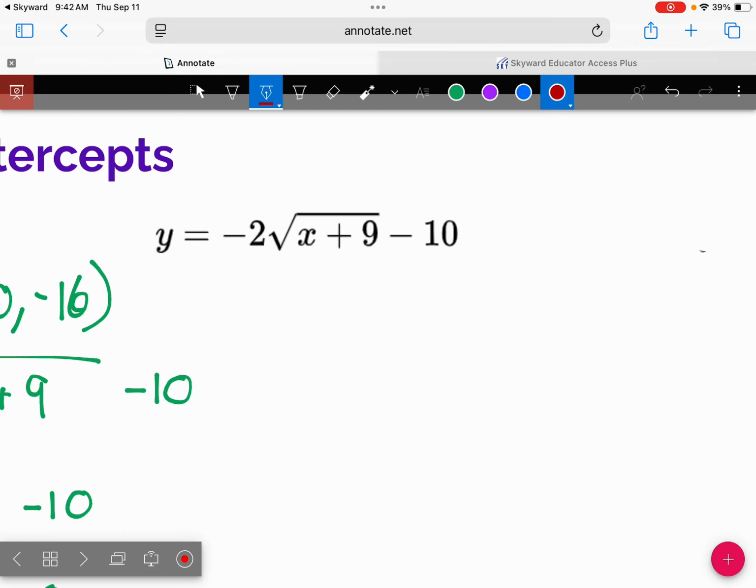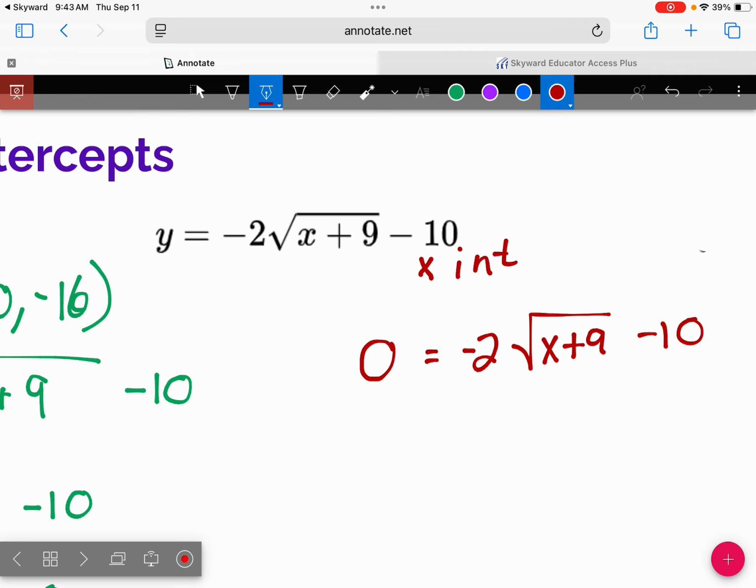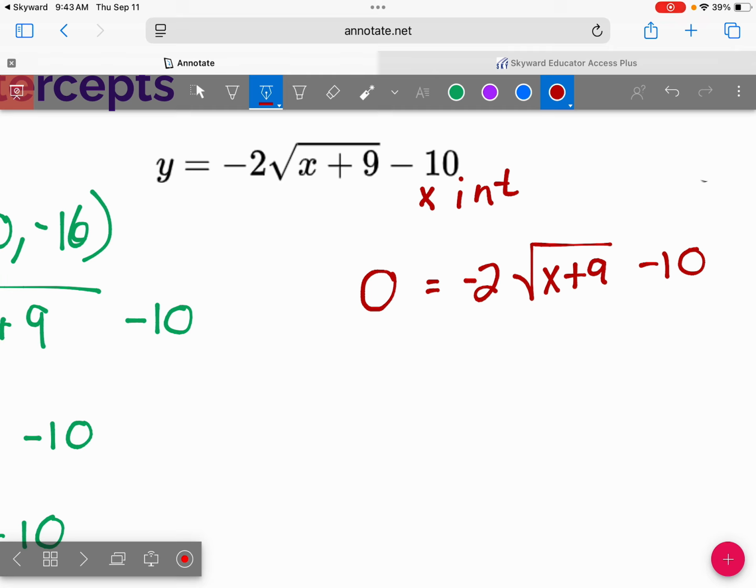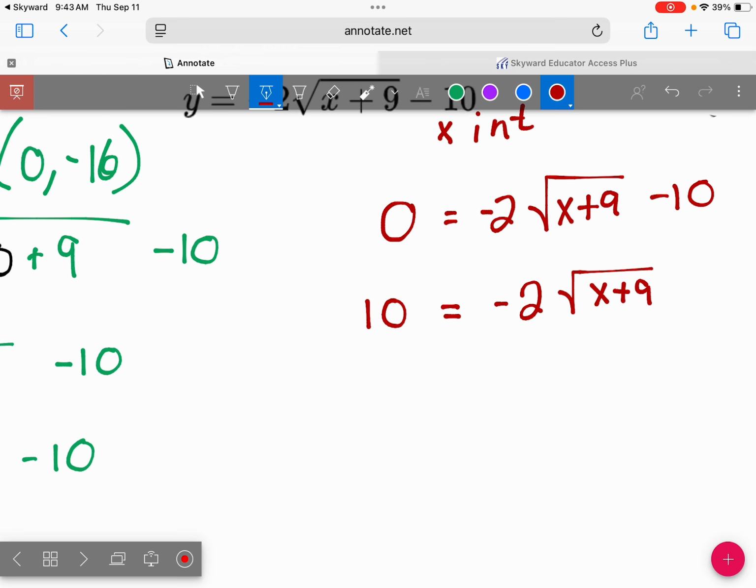Let's find our x-intercept here. That's where we're going to put 0 in for y. And then what do we do? Add 10 to both sides. We have 10 equals -2 square root of (x plus 9). Then what? Divide by negative 2.